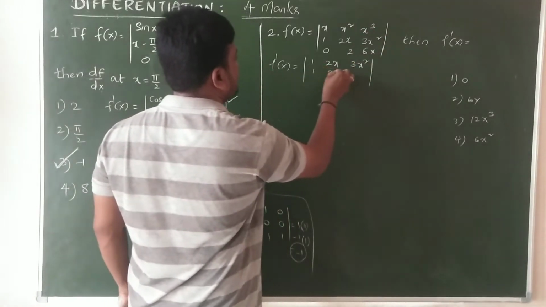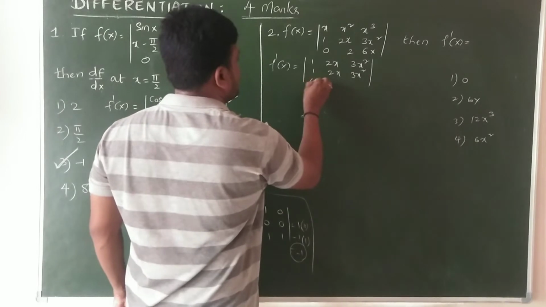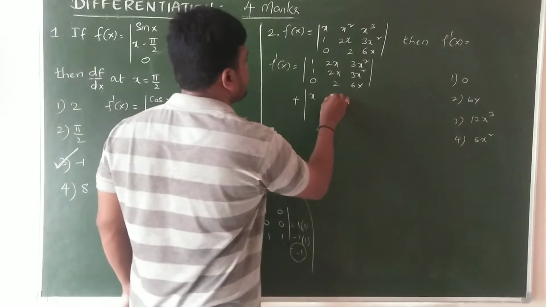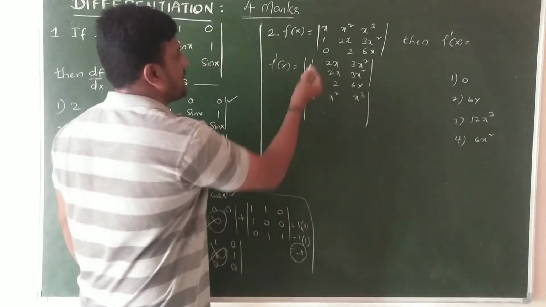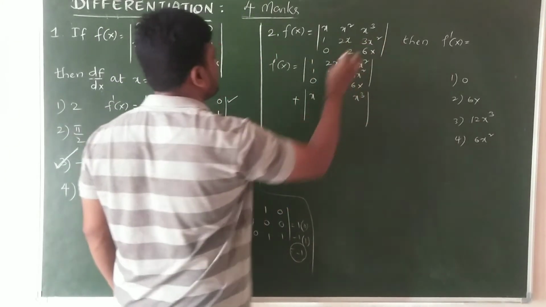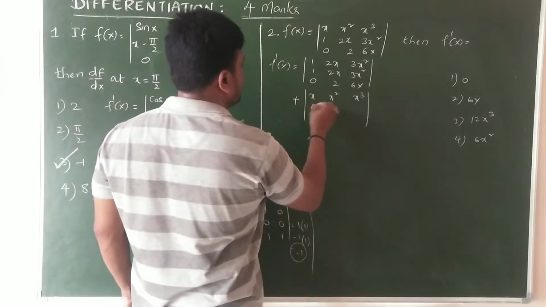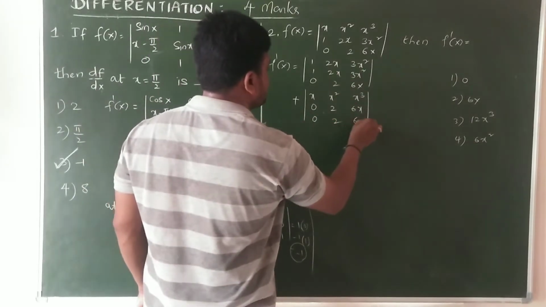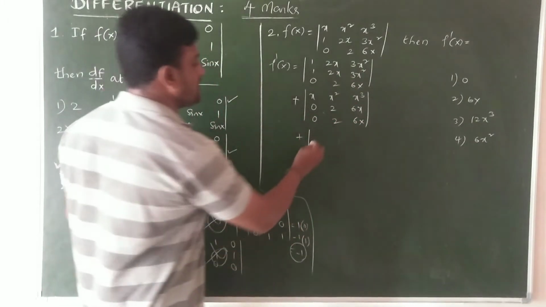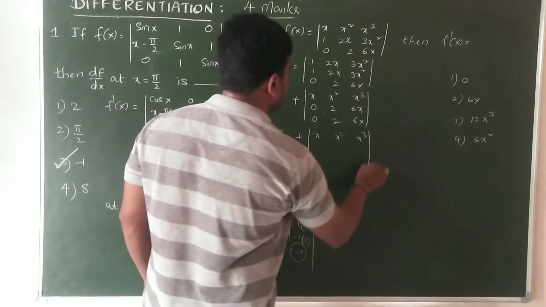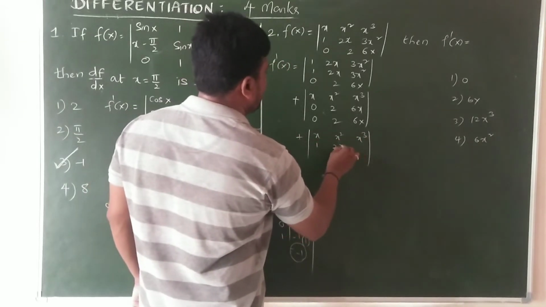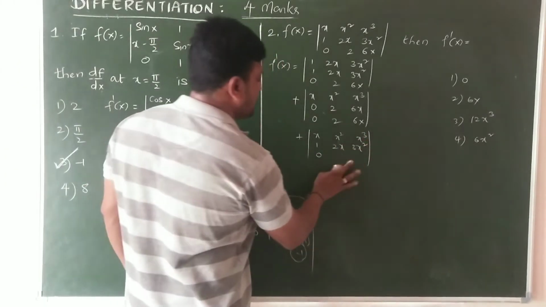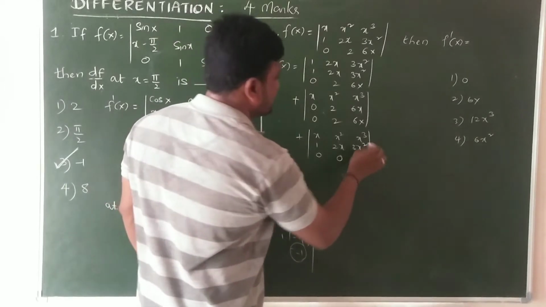Then 1, 2x, 3x square as it is, 0, 2, 6x. Plus next, x square, x cube as it is, and now the derivatives are 0, 2, 6x. Already we have 0, 2, 6x. Plus x square, x cube as it is, 1, 2x, 3x square as it is, and 0, 2, which is nothing but 0. Now this is a 6.